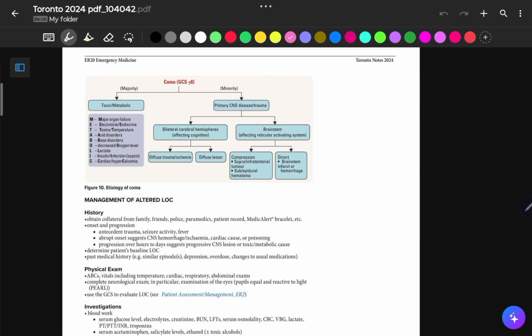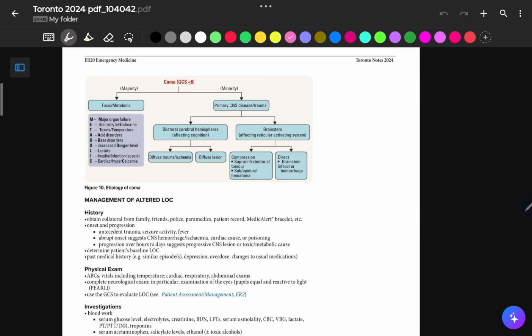So minority causes of coma can be primary central nervous system disease or trauma, where on one side it could be due to the brainstem, affecting the reticular activating system.